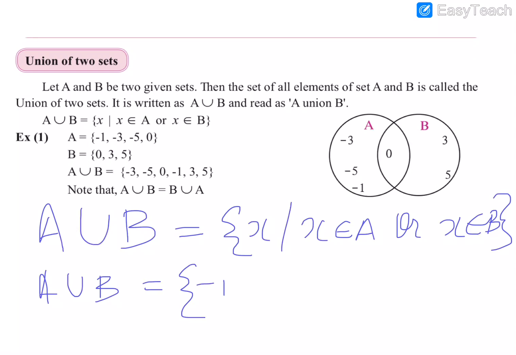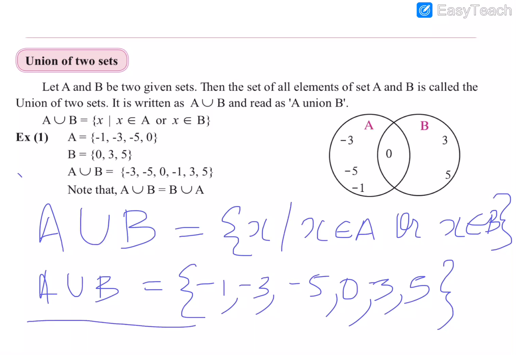That is -1, -3, -5, 0, and then the elements of B: 3, 5, and 0 is already written. So A union B will be the set of elements in both A and B.